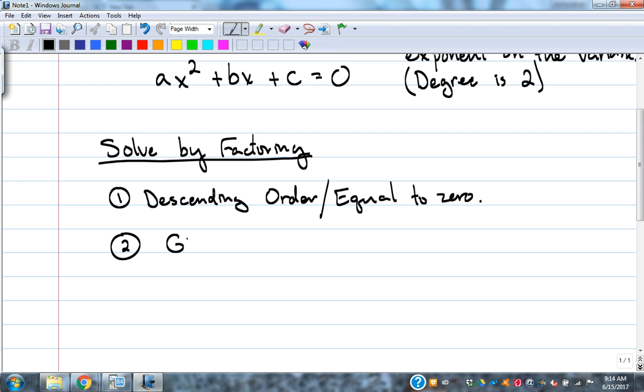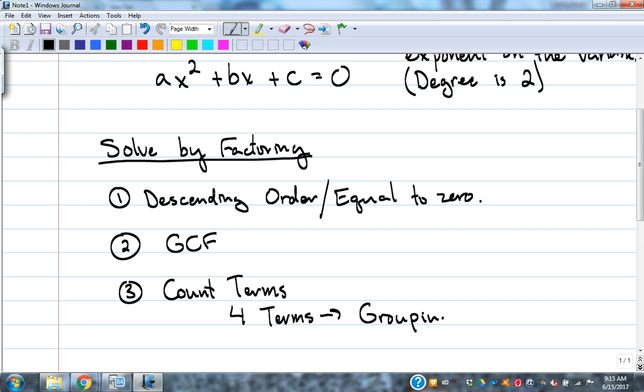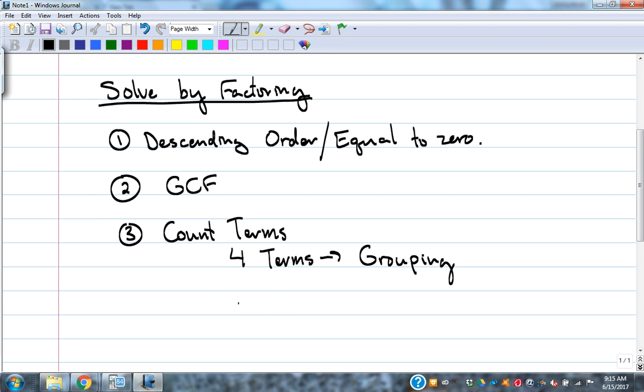And then GCF is the first thing you look for. And then we count terms. If there are 4 terms, which shouldn't be the case here, we'd use grouping if we're going to factor it. If there are 3 terms, you use the X method.